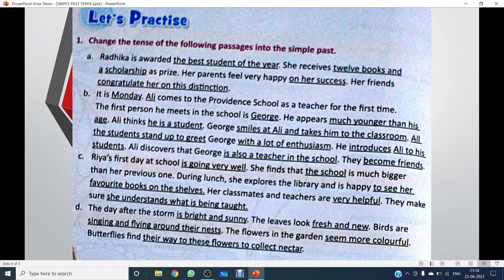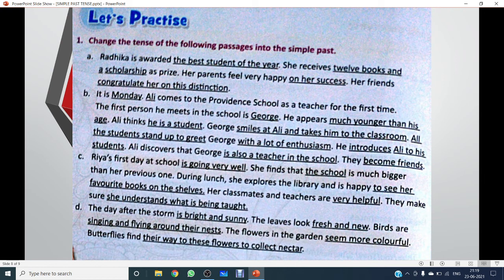So what will it be? The first person he met in the school is George. He appears much younger than his age. He appeared much younger than his age. Ali thinks he is a student. Ali thought he is a student.